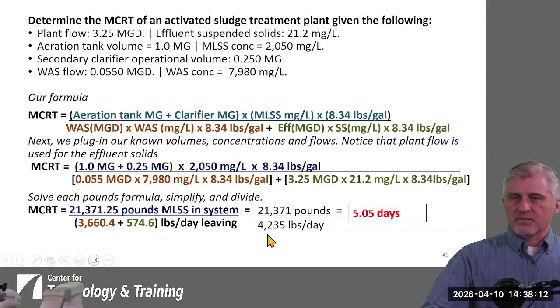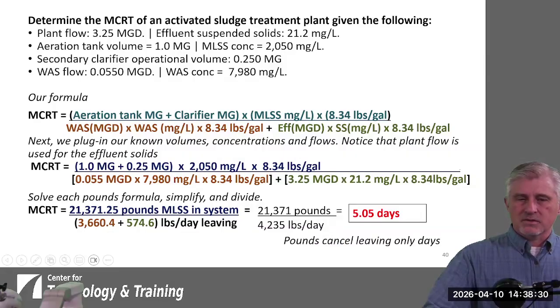When we add these together, we get 4,235 pounds per day total between both of those. We divide that into the number of pounds in the MLSS, 21,371, and we get just over 5 days. And the pounds cancel, which leaves just the days in this case.